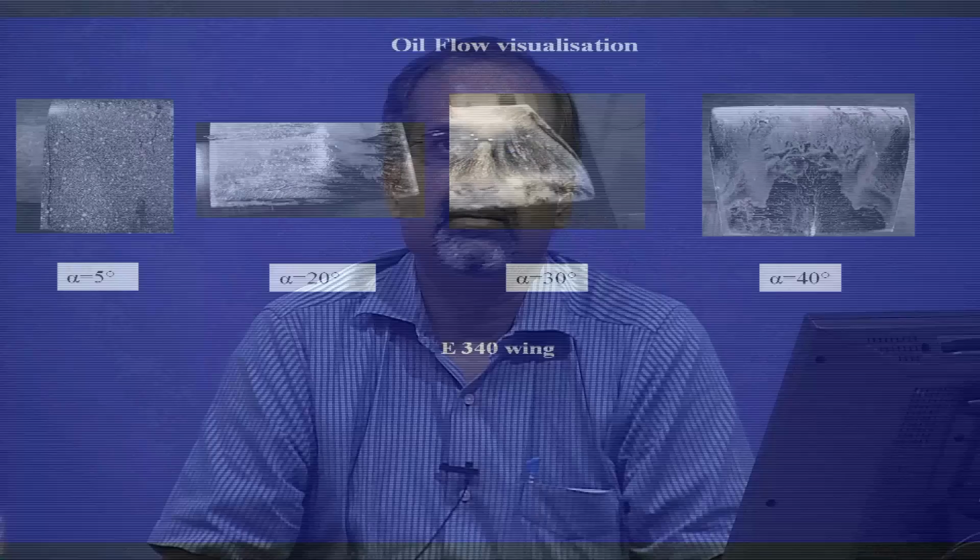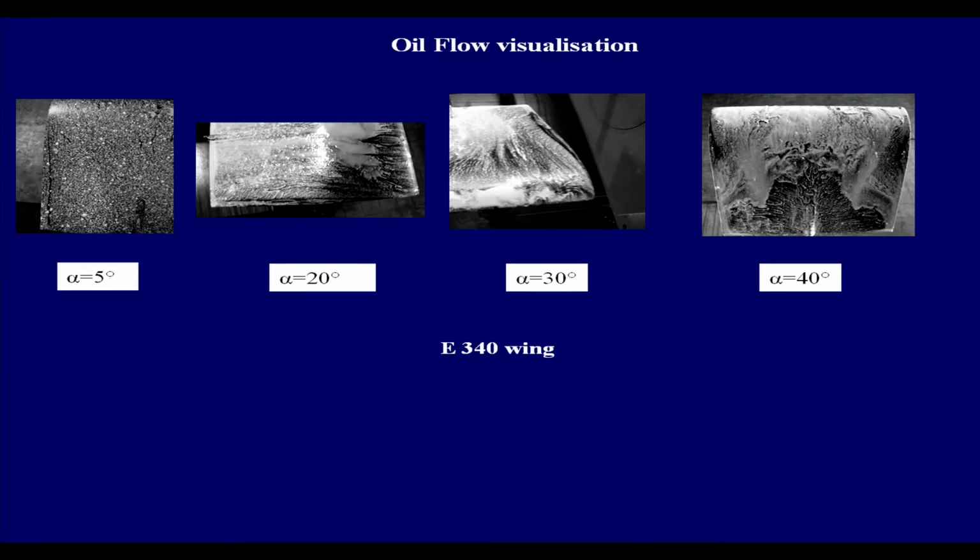So, I think with that we will end the session today. Tomorrow morning we are going to discuss some work on flapping wings, and we have done some preliminary measurements using particle image velocimetry.